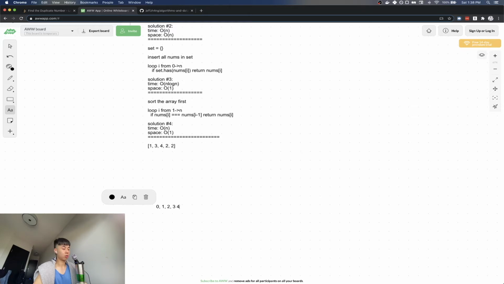Indices 0 1 2 3 4 and values 1 3 4 2 2. What if we travel like this? 1, 2, 3. This tells us to go right here.